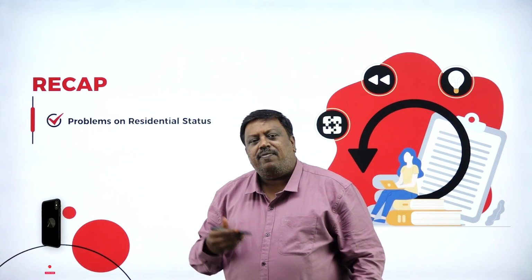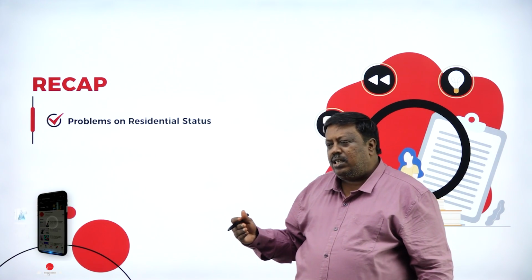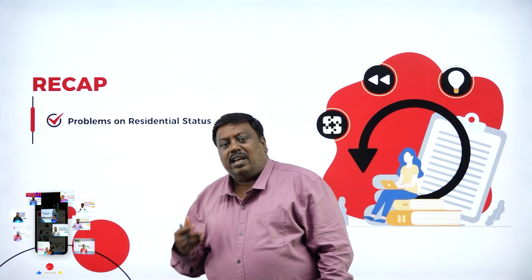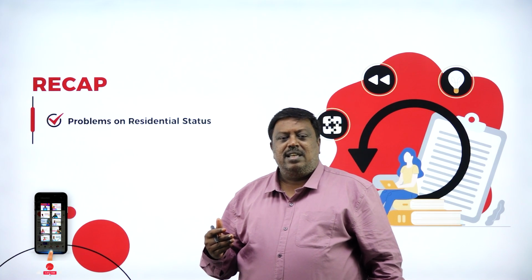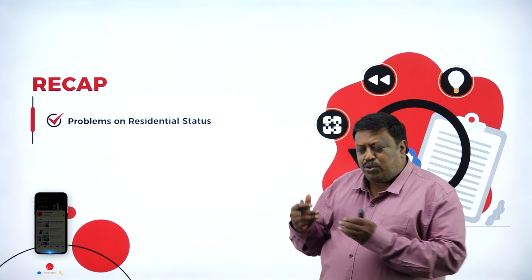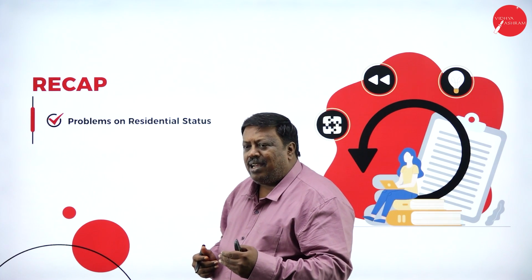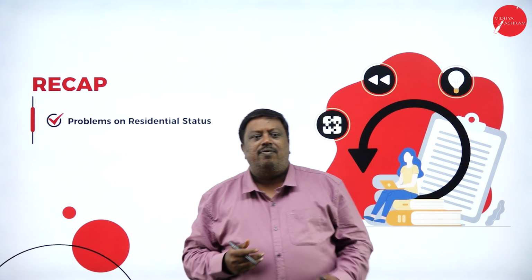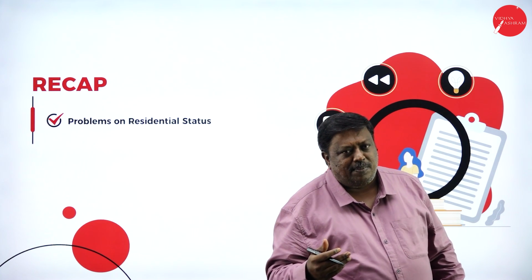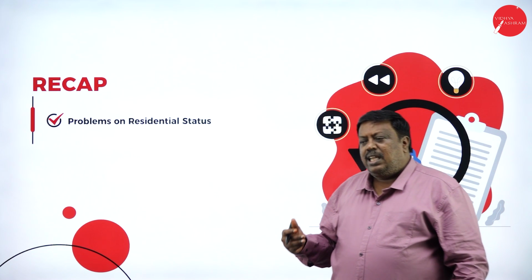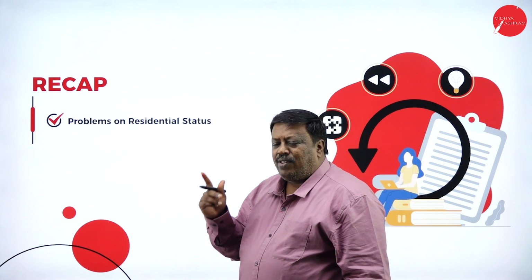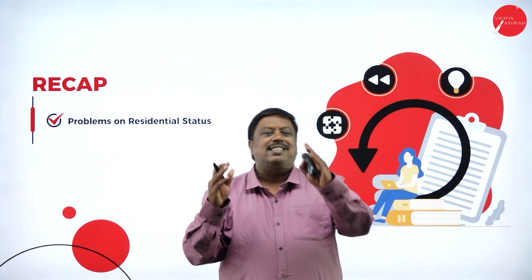In our previous session, we determined the residential status of a person, and we came to know how to determine a residential status of a person with certain basic concepts. Every person has to satisfy any one of the basic conditions to become a resident.